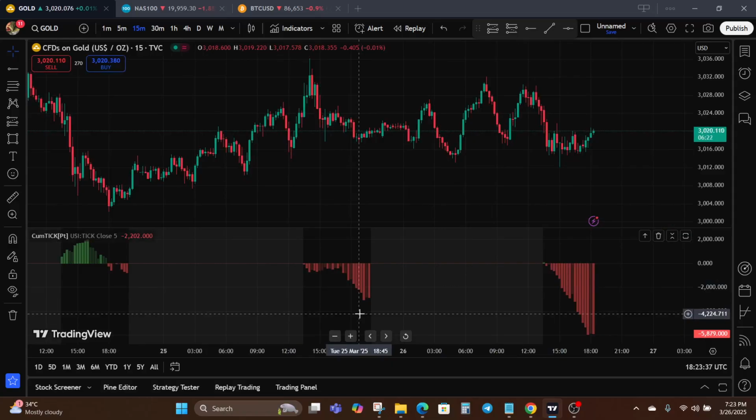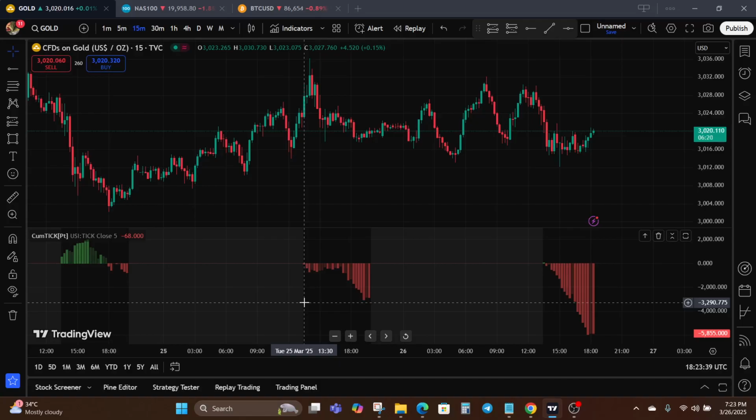With this information, traders can understand if the market is bullish or bearish, giving a real-time view of the market's health and helping traders identify potential trend reversals.